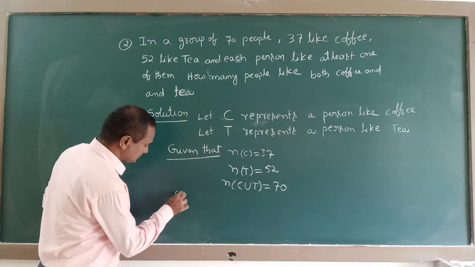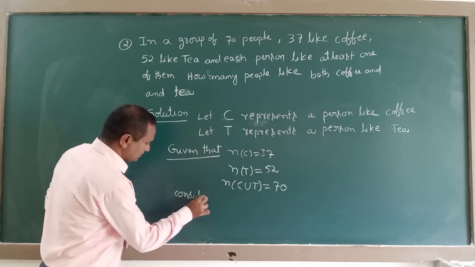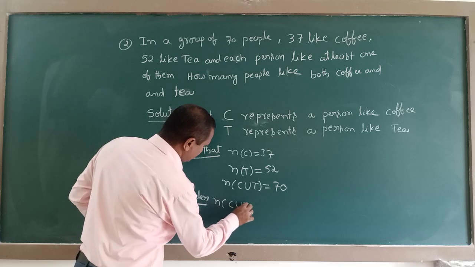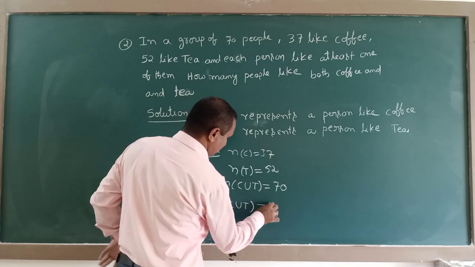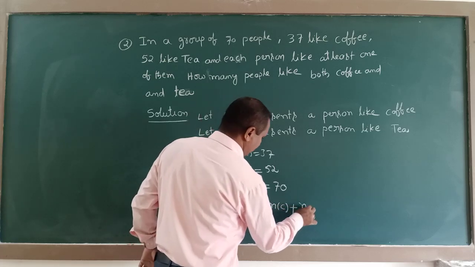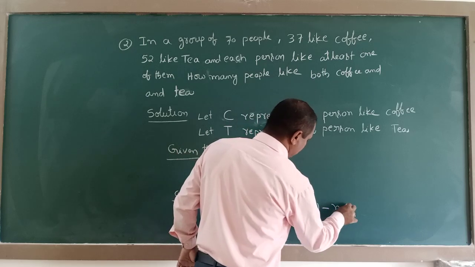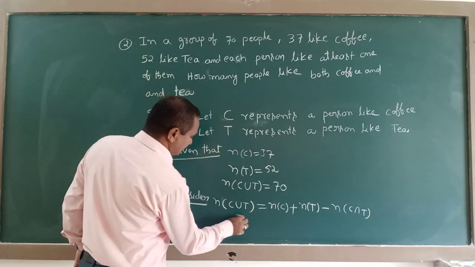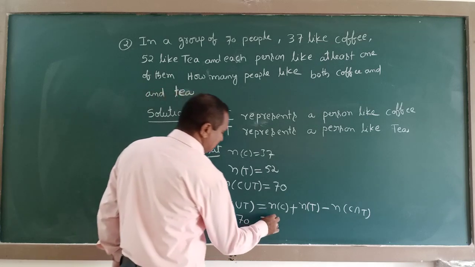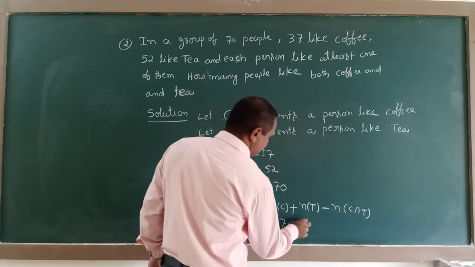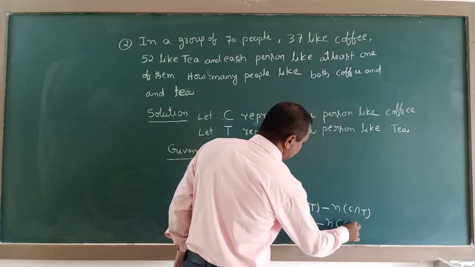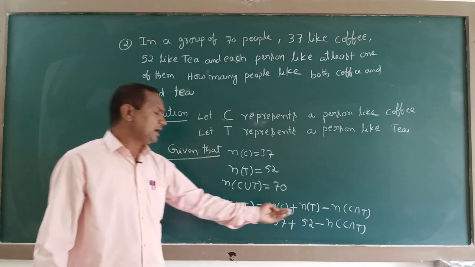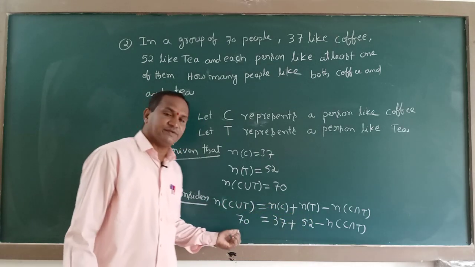Now consider n of C union T is equal to n of C plus n of T minus n of C intersection T here. n of C union T value is 70, is equal to n of C value is 37 plus n of T value is 52 minus n of C intersection T. Combining them here, 89 will come, and send that negative value this side and send the 70 that side.